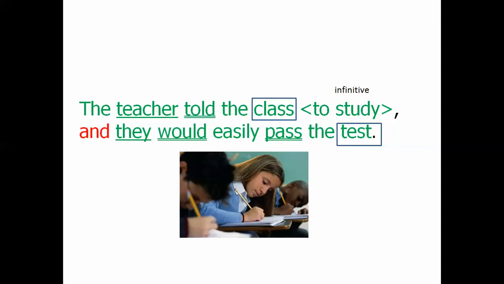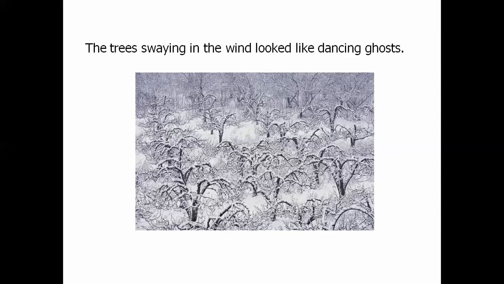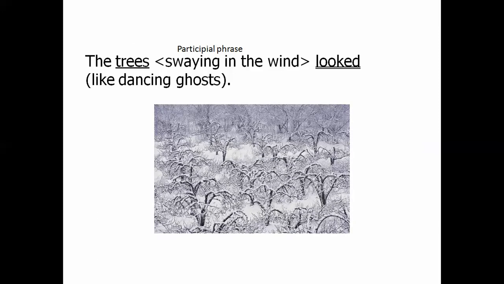Here's another example. The trees swaying in the wind looked like dancing ghosts. First, is there a conjunction or a semicolon? No. So this is not a compound sentence. Now, step 2. Is there a dependent clause?